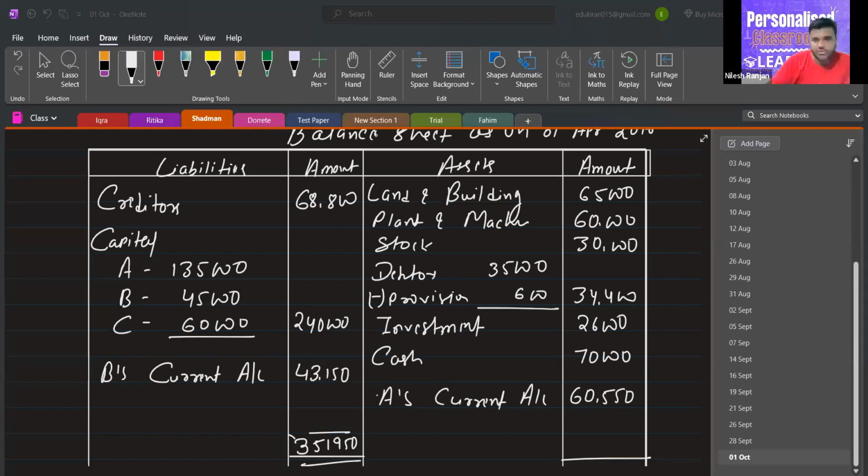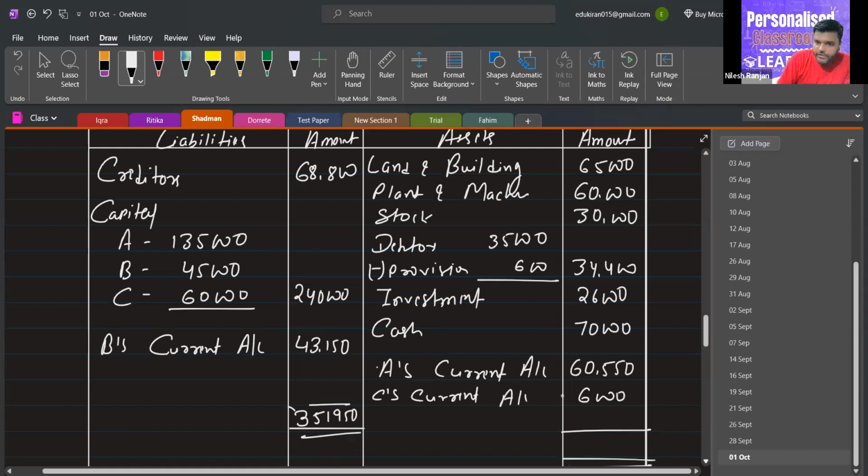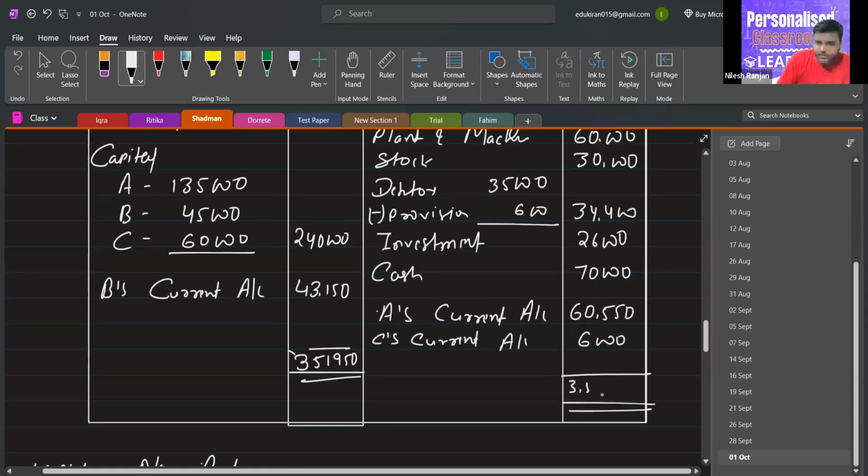So there was some less amount. Yes, there is a C current account, 6,000. Where do we get this C current account? Because he has not brought his share.